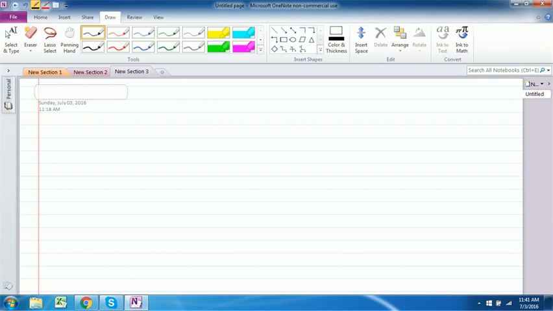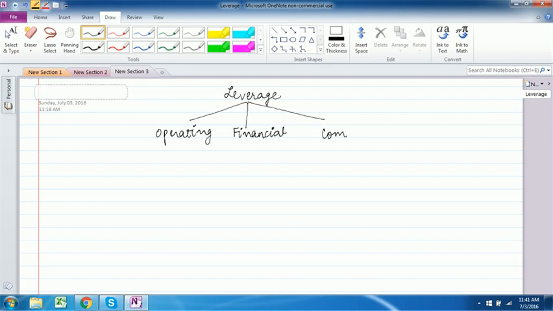Now there are three types of leverage. One is operating leverage. Then you have financial leverage. And the third one is combined leverage.